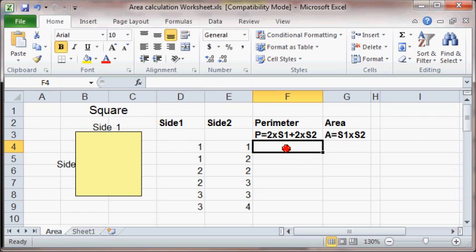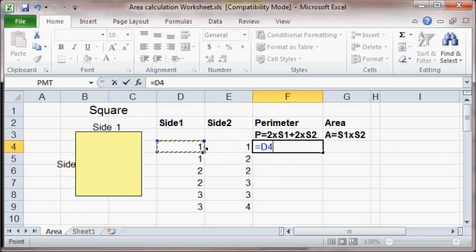And let's put that in a formula using these values for the sides. As always, when we start a formula, we press the equal sign. In this case, we're going to choose the value for side 1. I'm going to use the arrows this time to move my active cell over to select that. And since this is perimeter, it's going to equal this times 2.